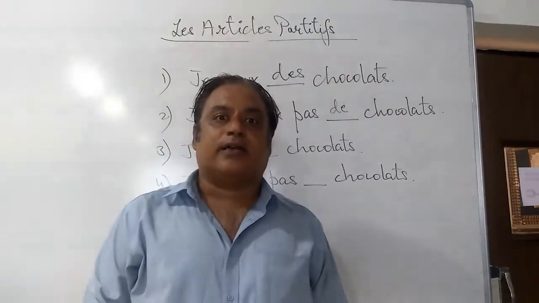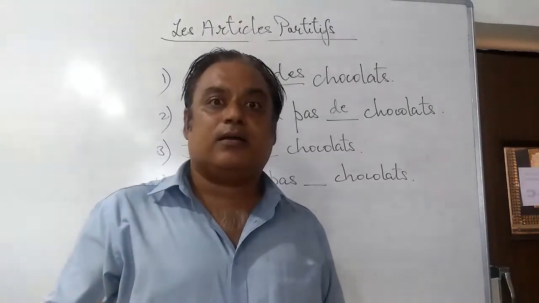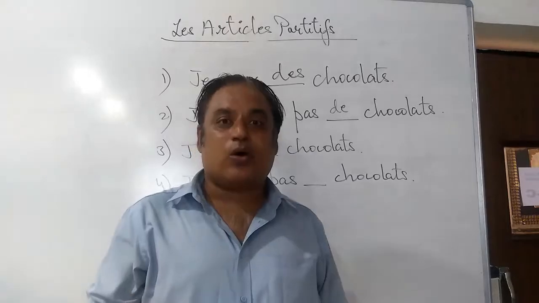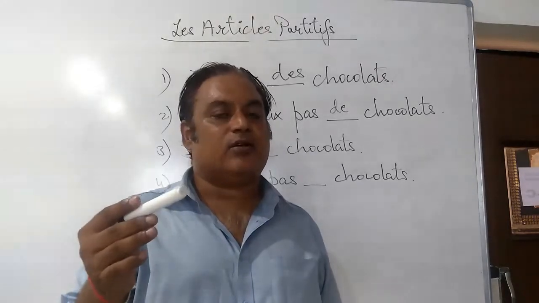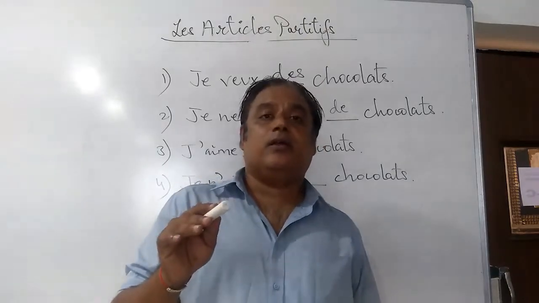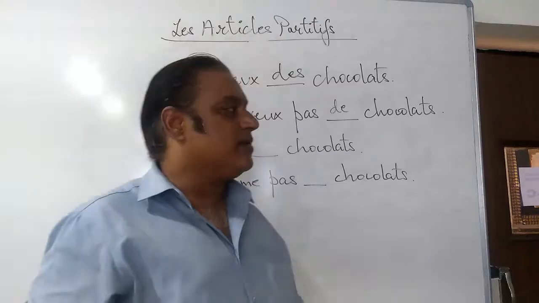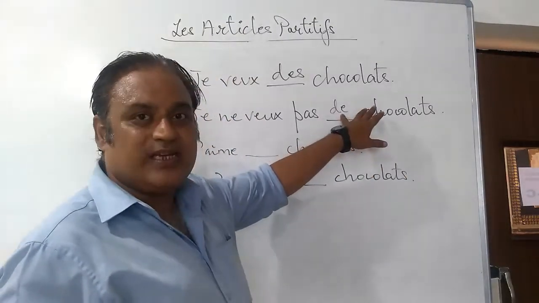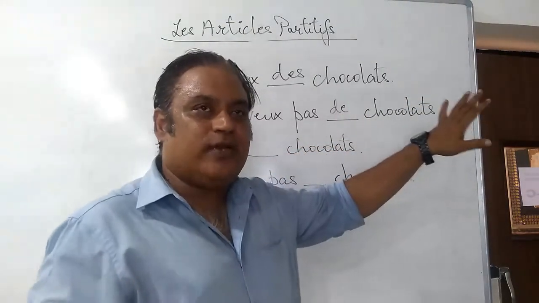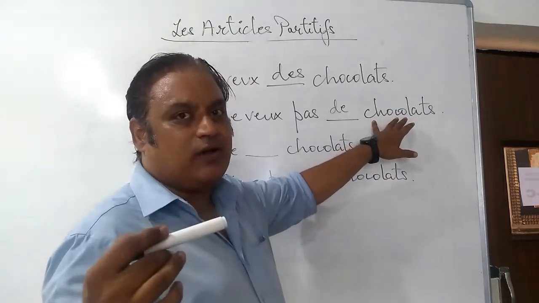All the partitive articles, whether it is masculine singular du, feminine singular de la, plural des, or the singular one, masculine or feminine, used before a word starting with a vowel, de l apostrophe, all these partitive articles reduce to de, or d apostrophe. D apostrophe is used where our singular object starts with a vowel.